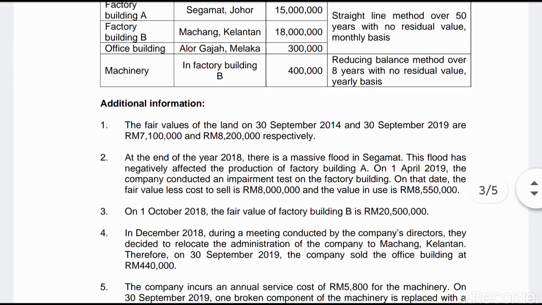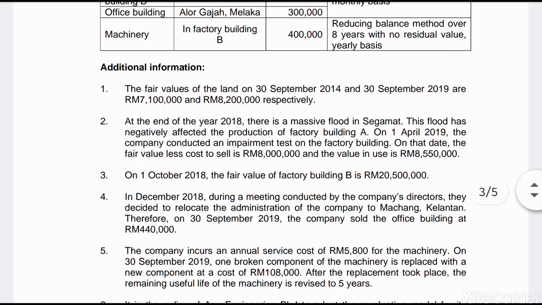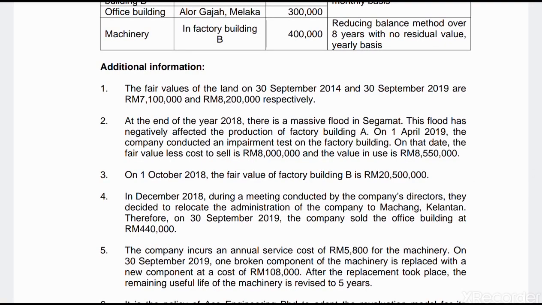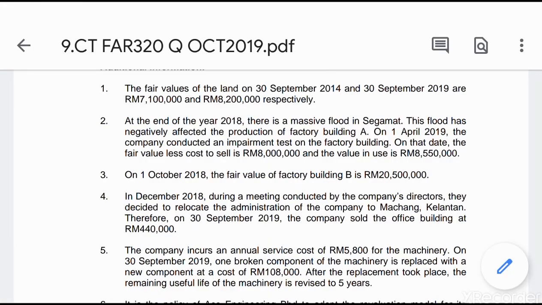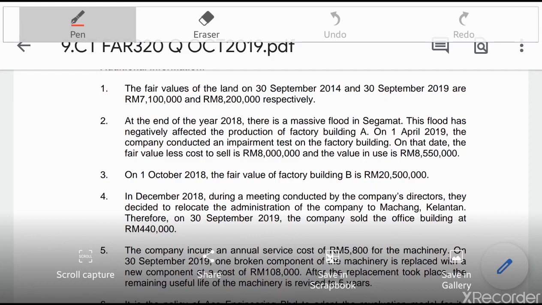Next, let's look at what is given here regarding the transactions that happened to this company. These are the information available for you to take note of and also to do some accounting treatment.